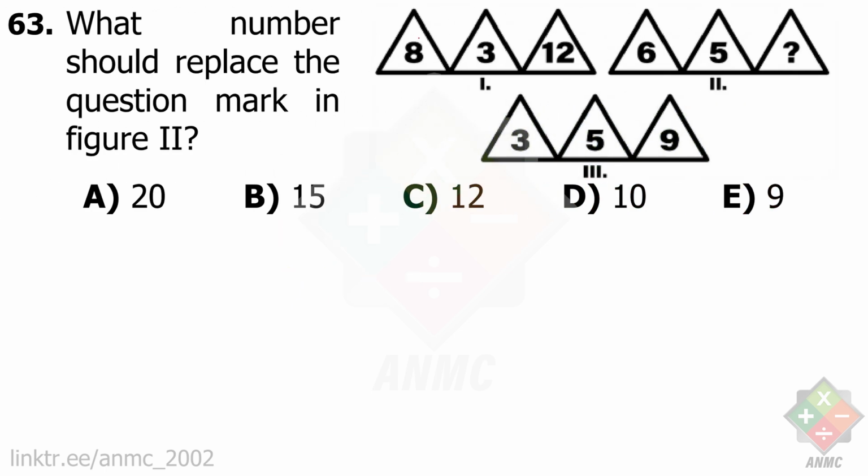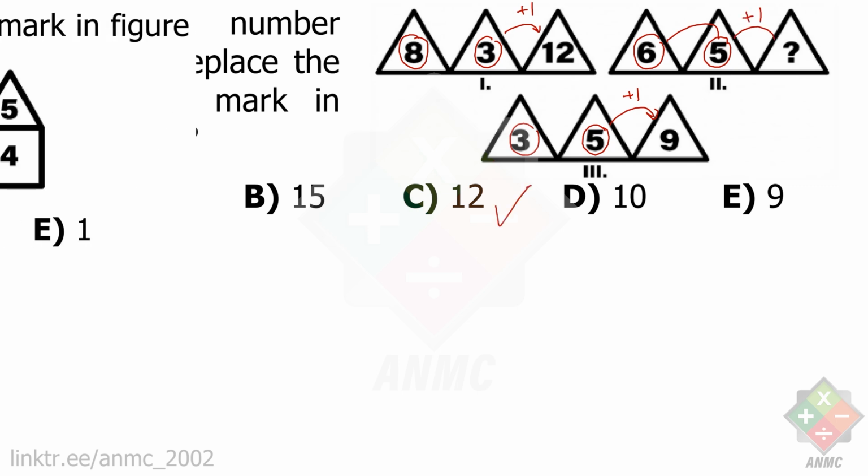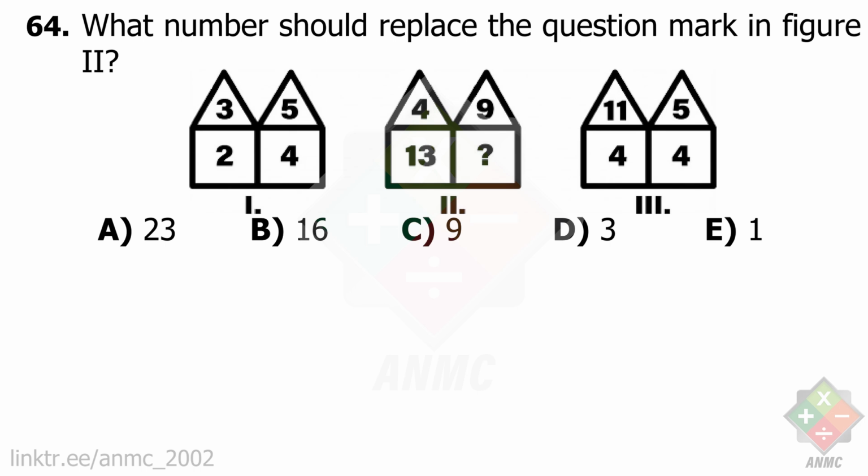Let's check the question. 8 plus 3 is 11 plus 1 is equal to 12. 3 plus 5 is 8 plus 1 is 9. 6 plus 5 is 11 plus 1 is 12. In this diagram, we can see that 3 plus 5 is equal to 2 times 4.